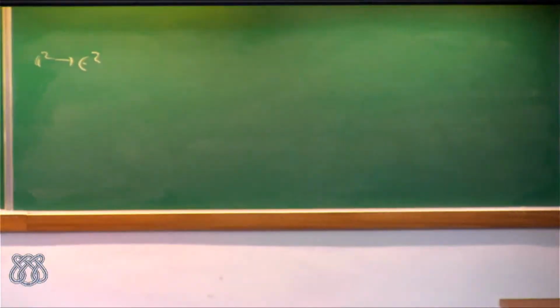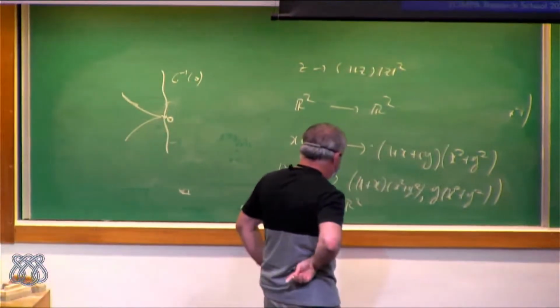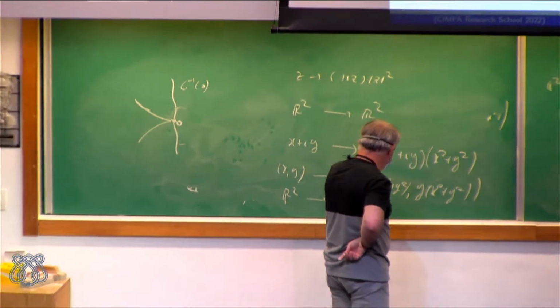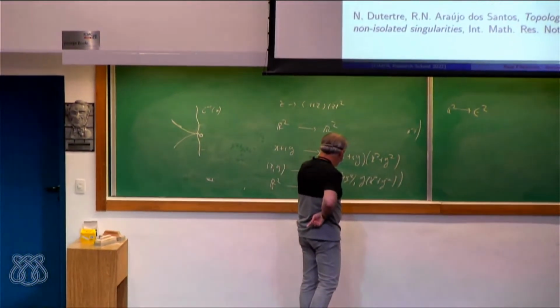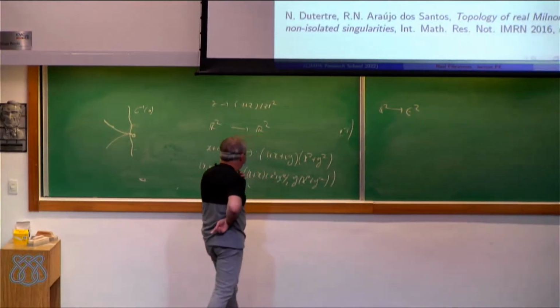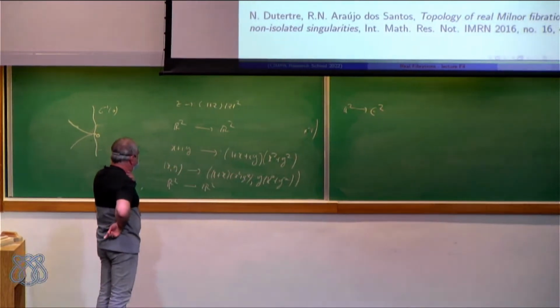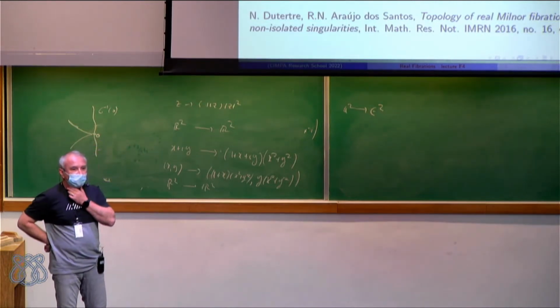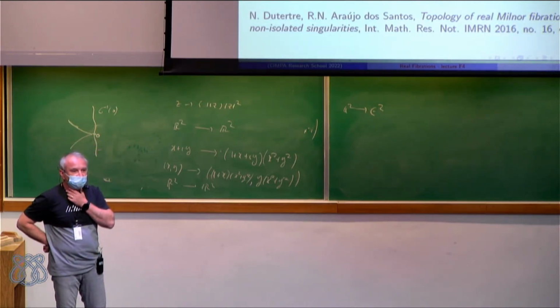Let me think. C2, I don't know if I can say right away. So the fiber is. I think this one is not a germ. Sorry. But I have to double check.